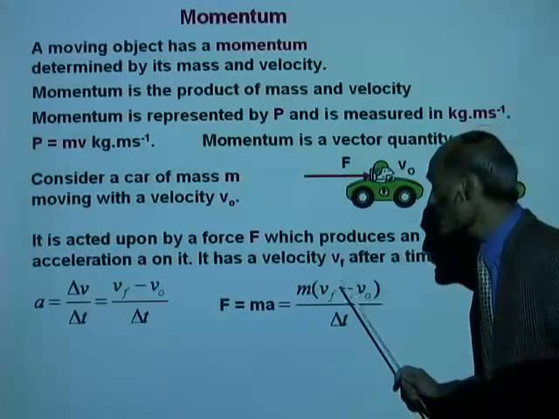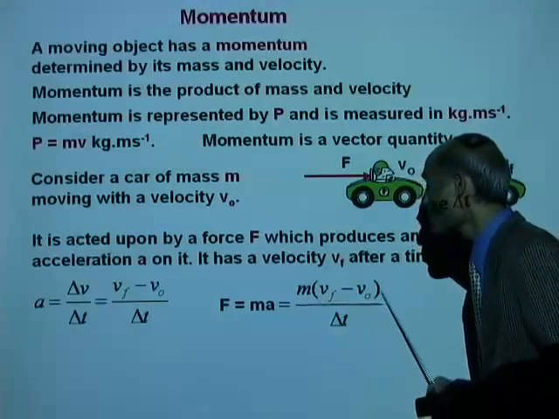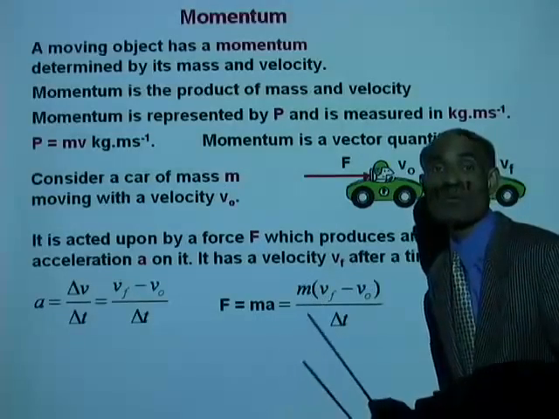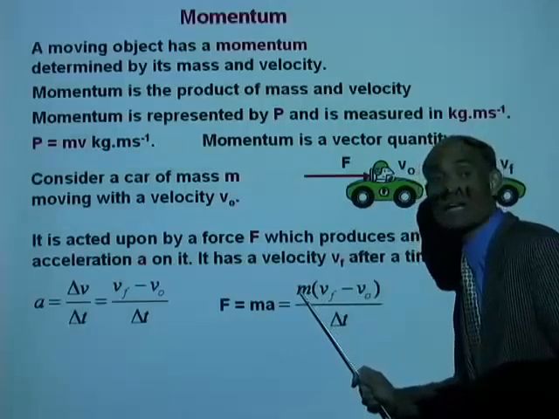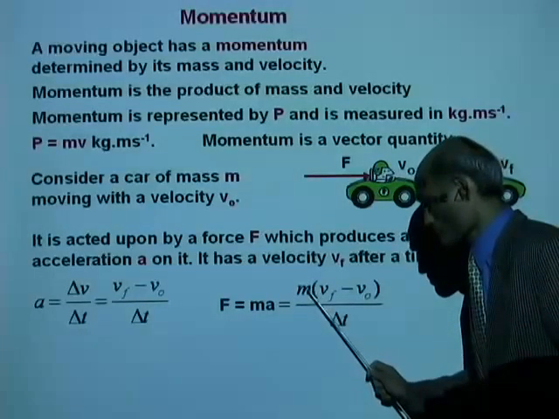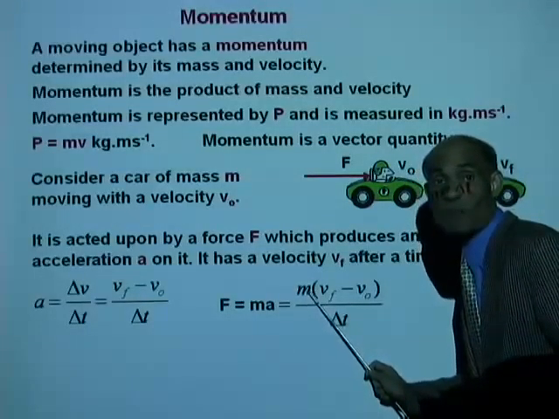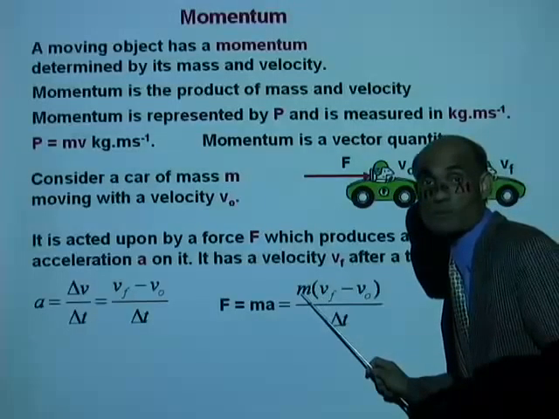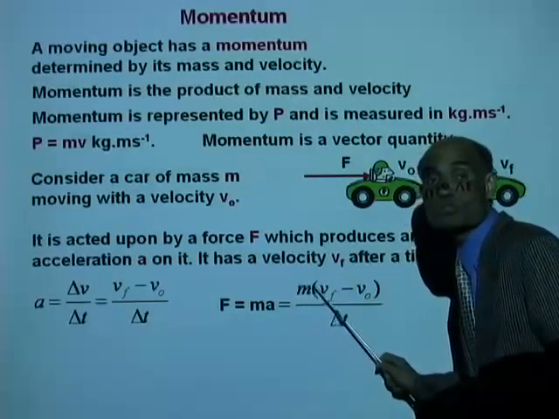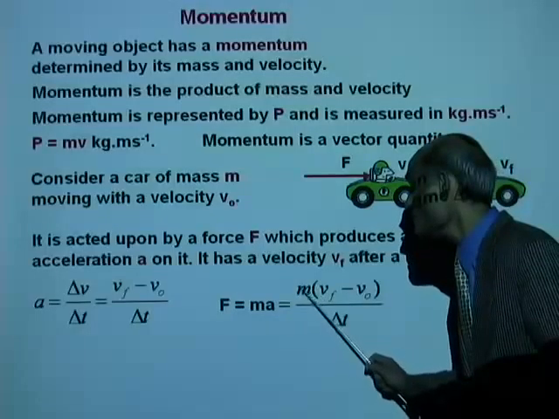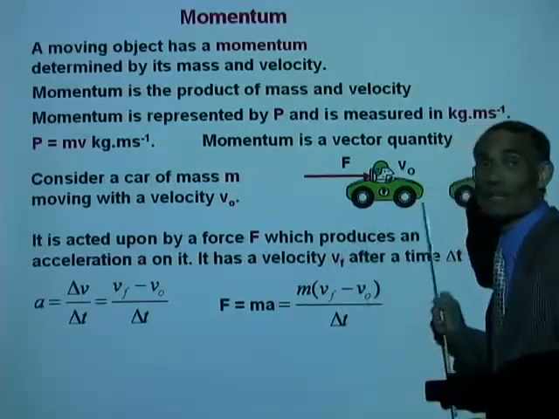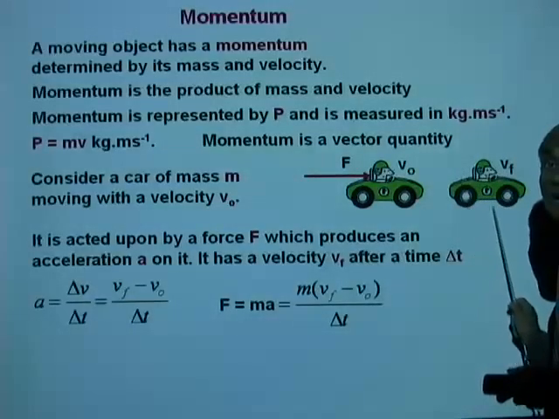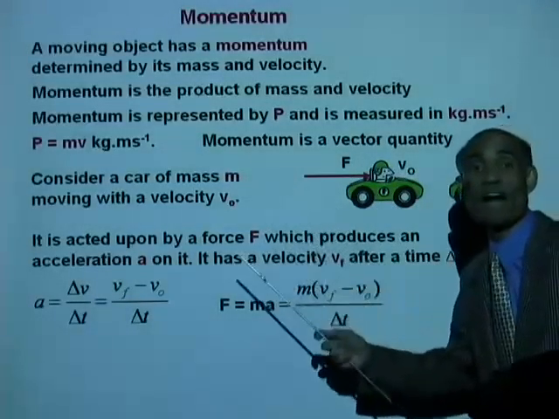Now take a moment and look at the numerator quantity and tell me, what does that represent? If I now multiply by m, or distribute that m, it will be m times vf. What does m times vf represent? The momentum at this time, or we call it the final momentum.